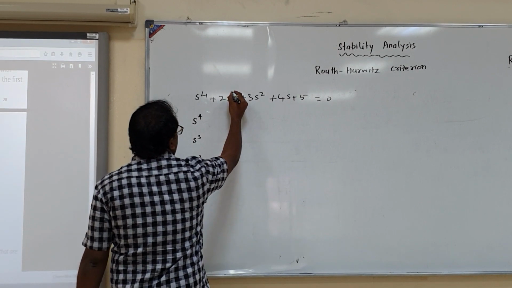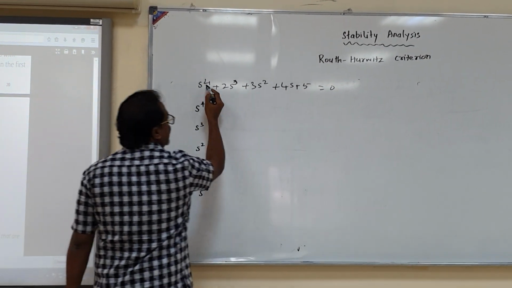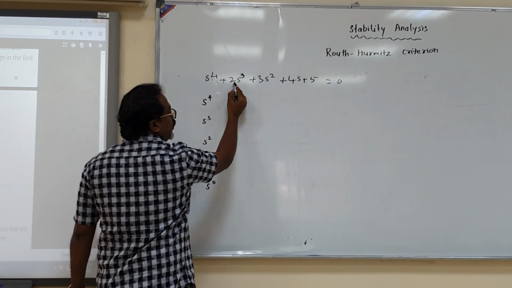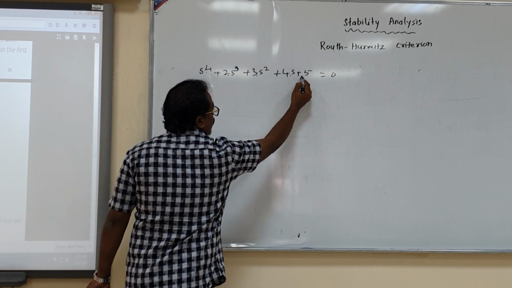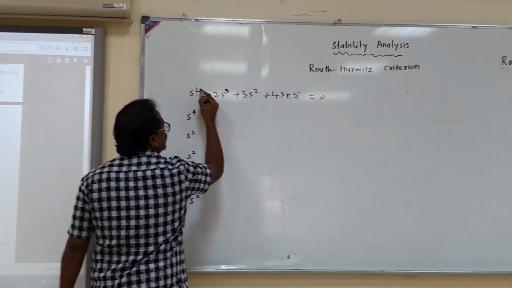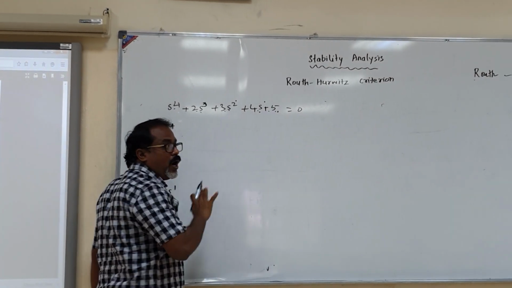Before that you have to check whether the equation is in order or not. You see there, s power 4 is there, 2s cube is there, 3s square is there, 4s is there, plus 5 equal to 0. That means s power 4, s cube, s square, s power 1 and s power 0 are all there.